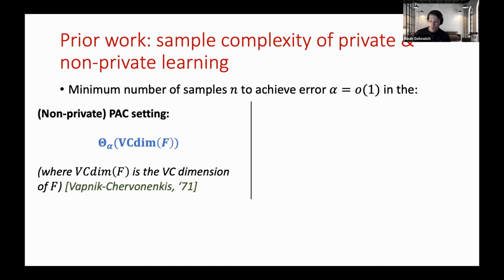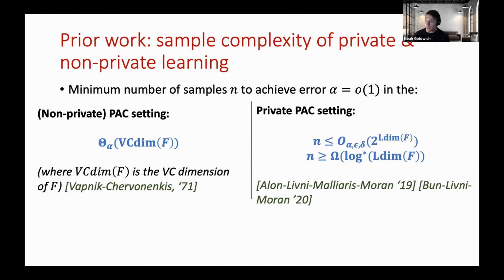So in the setting of non-private PAC learning, the minimum number of samples n needed to achieve error which goes to 0 is bounded both above and below by a constant times the VC dimension of F. VC dimension is another combinatorial parameter introduced by Vapnik and Chervonenkis in 1971. I won't really mention it in this talk, but suffice to say that there is a combinatorial parameter which characterizes learnability in the non-private PAC setting. In the private PAC setting, I mentioned that Littlestone dimension gives such a characterization.